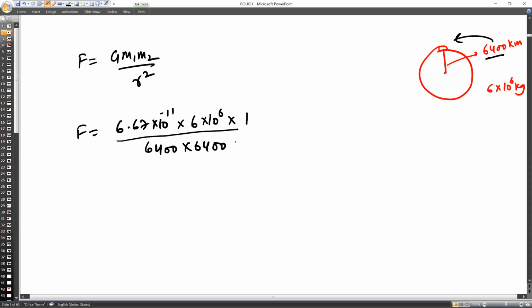For that we multiply each by 1000, so 6400 into 1000, which is 10 to the power 3. So another 10 to the power 3 will come here, one for each. Got it?